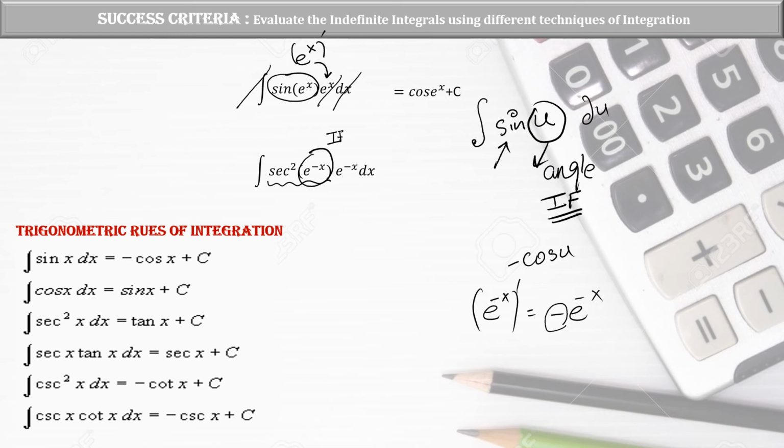The negative. So we write the negative inside and outside to balance the expression. The outside negative we write as it is. And what is the antiderivative of secant square u? Secant square u du has a direct antiderivative, that is tan u. So we write the negative outside the integral sign as it is, and tangent of u, where u is e to the power minus x, plus c.